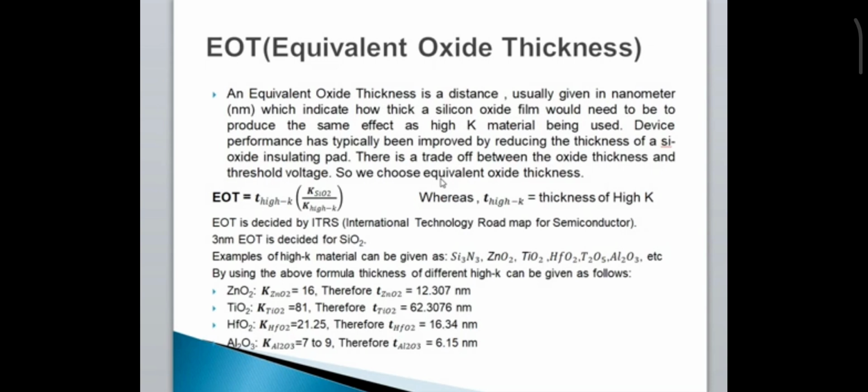For HfO2 material having dielectric constant 21.25, equivalent oxide thickness is 16.34 nanometer. For Al2O3 material having dielectric constant 7 to 9, equivalent oxide thickness is 6.15 nanometer.